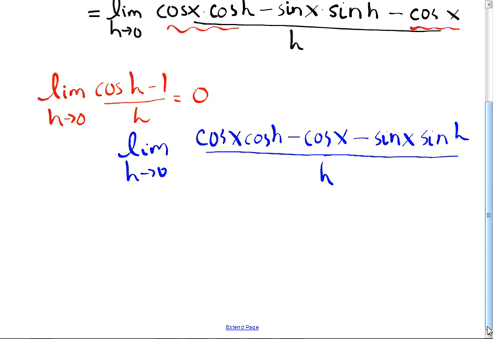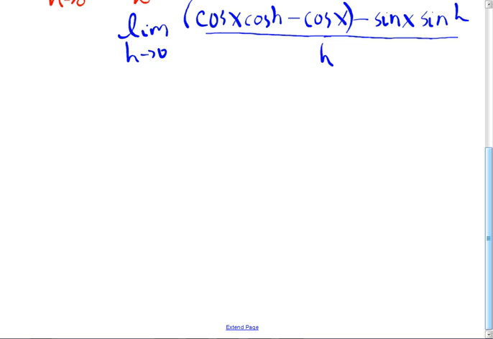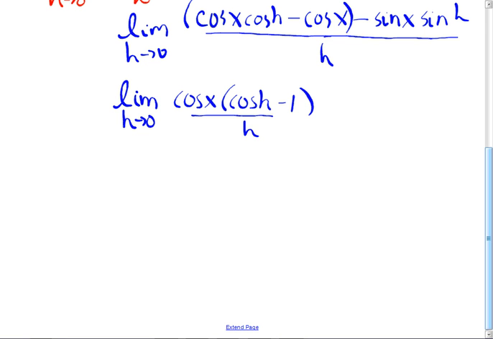So I'm going to group these and factor out a cosine of x, and I'm left with cosine of h minus 1 over h, minus, this is not times, so it's minus, my limit's going through the whole thing, sine of x, sine of h, all over h.